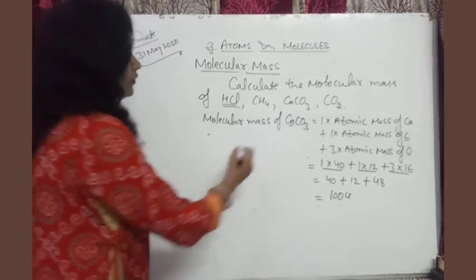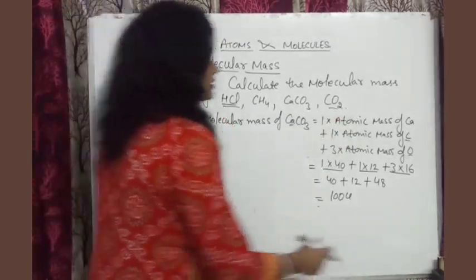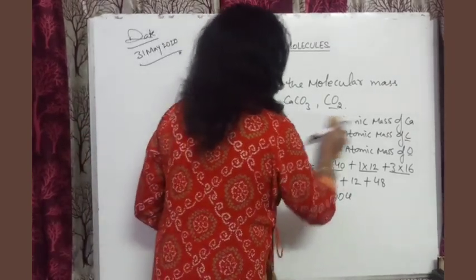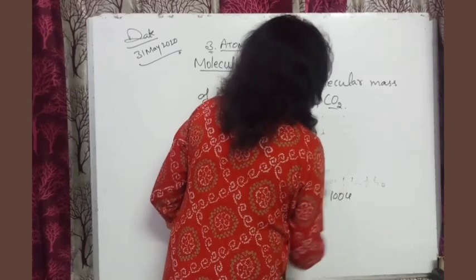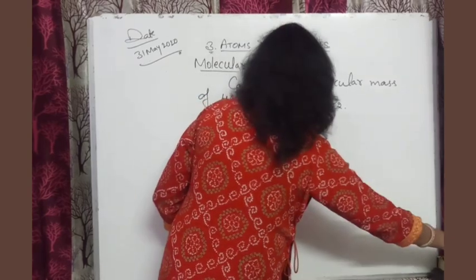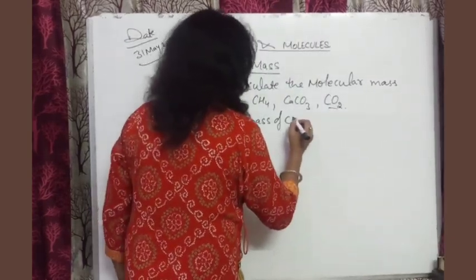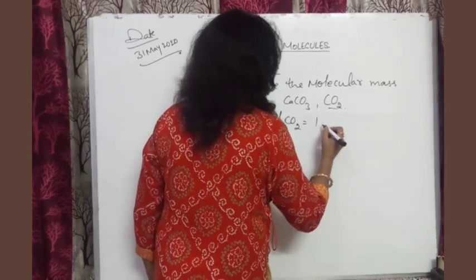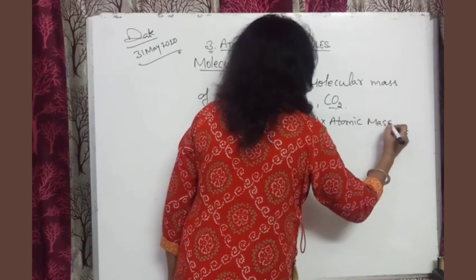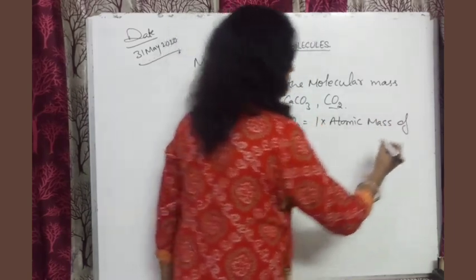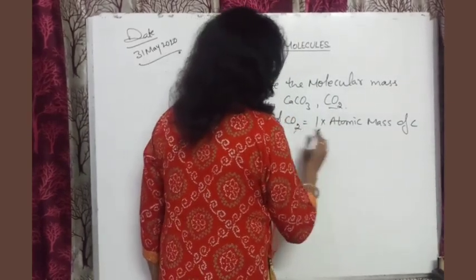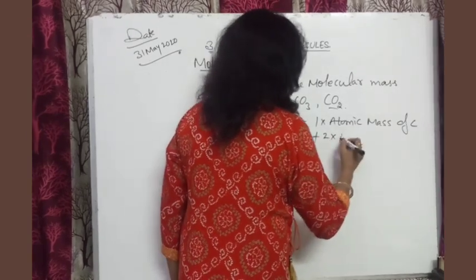Now next we can find the molecular mass of CO2, carbon dioxide. The molecular mass of CO2 equals 1 into the atomic mass of C atom plus 2 into the atomic mass of O atom, as 2 atoms are here.